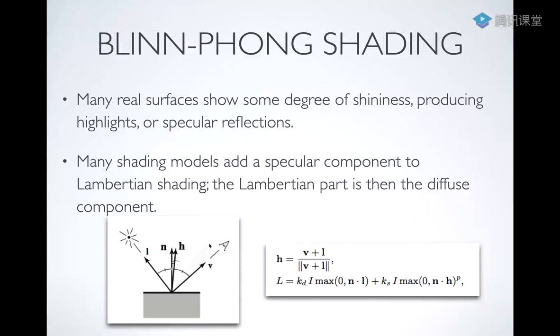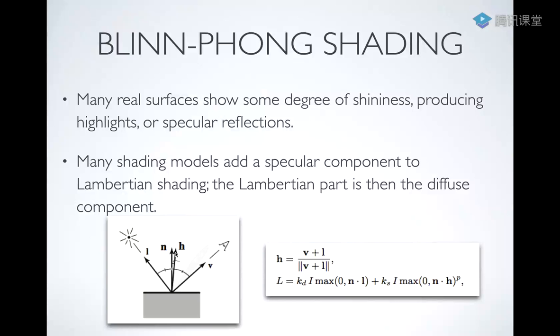If you see some research papers or technical books, this area is called the lobe or reflection lobe. And to describe this function, we use another direction called the half angle.